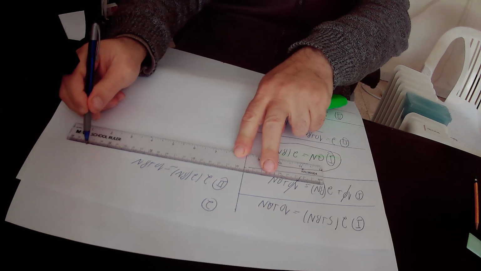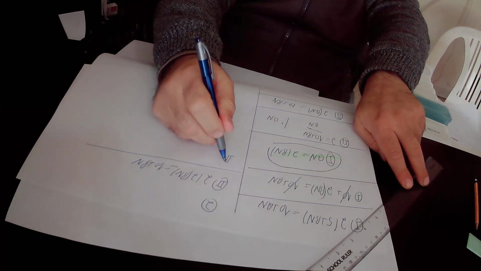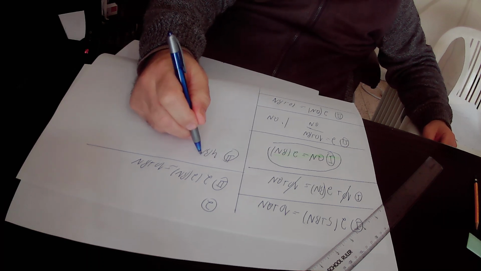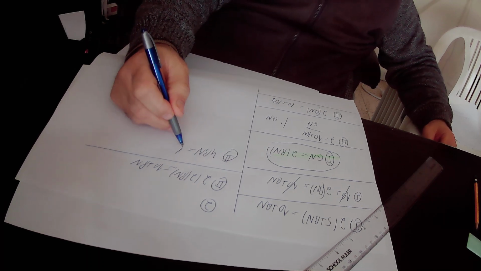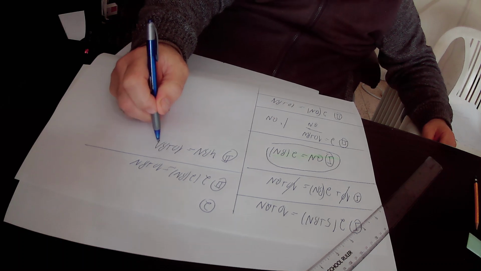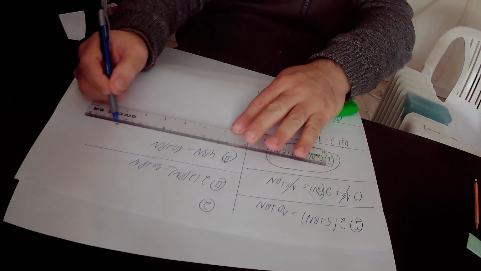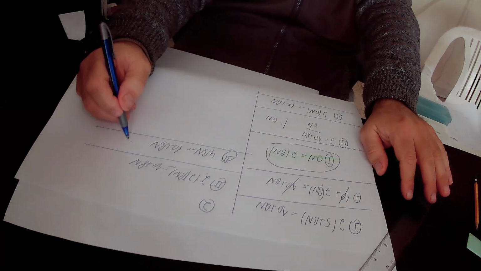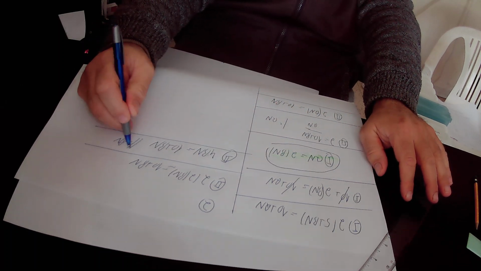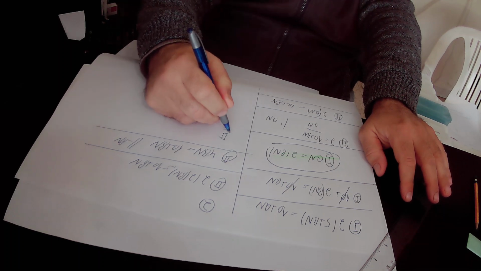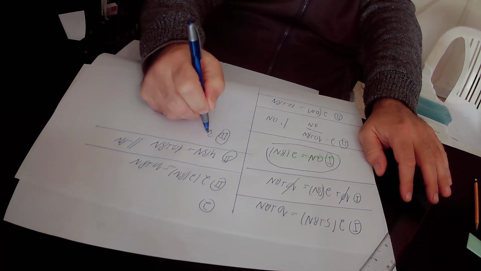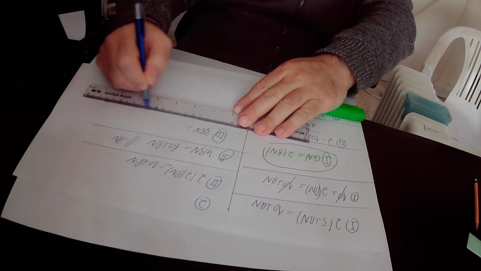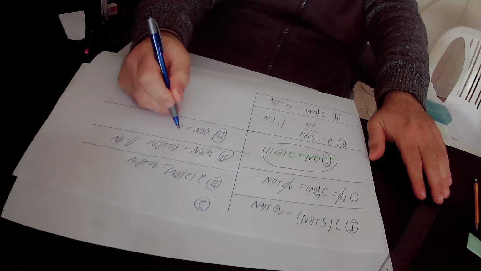So 2 times 2Bn is 4Bn, that is equals to 10 plus Bn. Here we subtract Bn from this equation, and we get that 4Bn minus Bn is 3Bn, that equals to 10. 3Bn equals to 10.